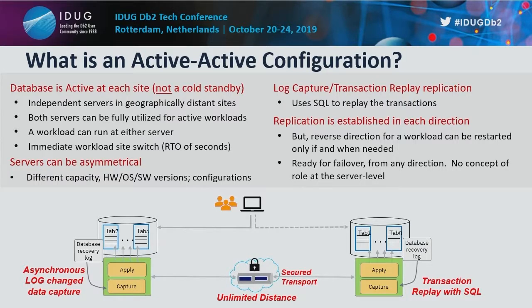A lot of customers, every 3 months, will do a site switch for regulation compliance, for example. They have to do a drill, switch for 24 hours and come back. In some cases, they just switch data centers. They run here for 3 months, then move back and run 3 months on the other side.